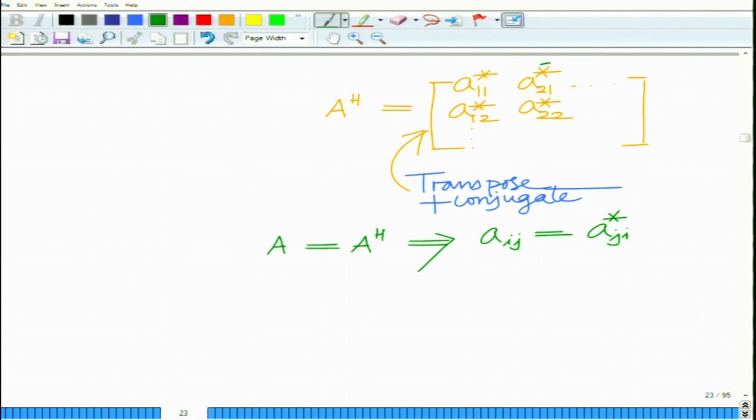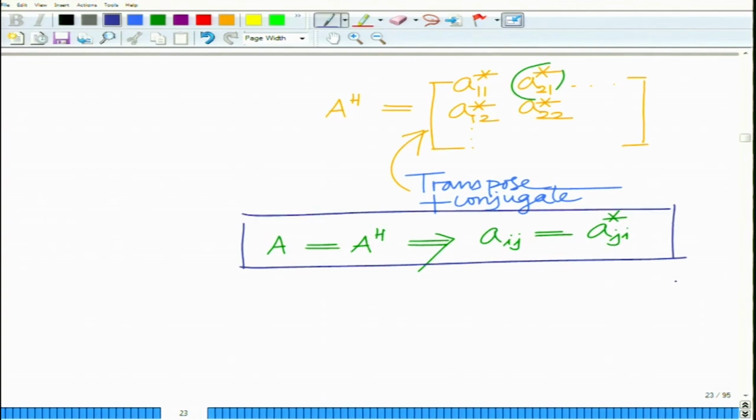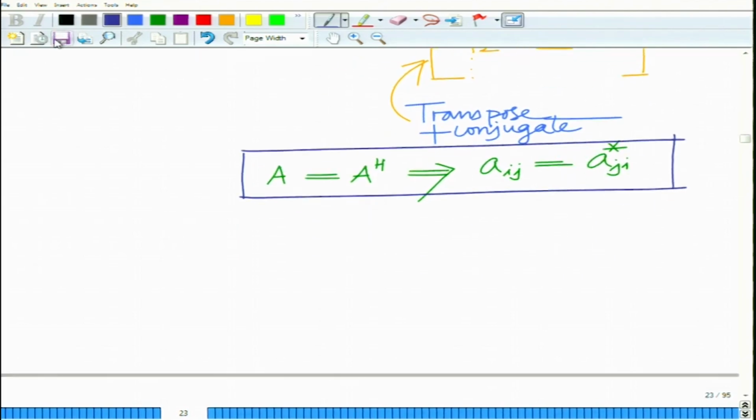That is, the matrix is Hermitian symmetric if A12 equals A21 conjugate and so on. That matrix is known as a Hermitian matrix. Now, there are several interesting properties of Hermitian and symmetric matrices.